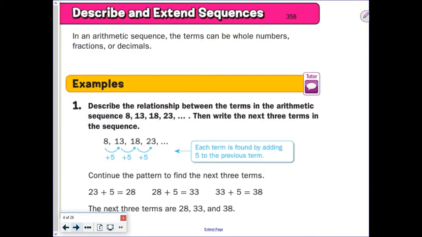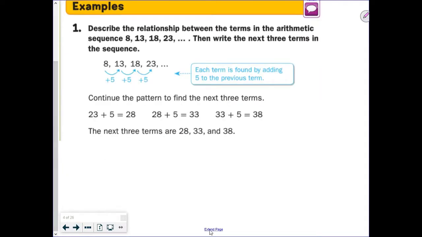In an arithmetic sequence, the terms can be whole numbers, fractions, or decimals. Look at example number 1. Describe the relationship between the terms in the arithmetic sequence 8, 13, 18, 23, etc., then write the next 3 terms in the sequence. Well, you can see here that going from 8 to 13, 13 to 18, and 18 to 23 is going up by 5 each time.